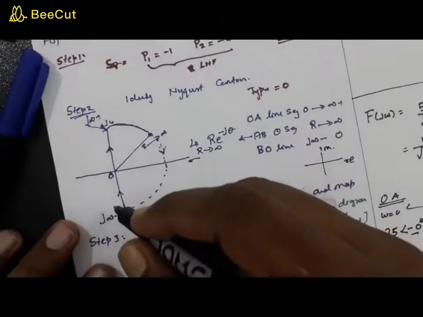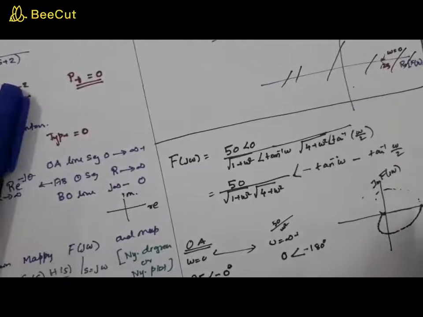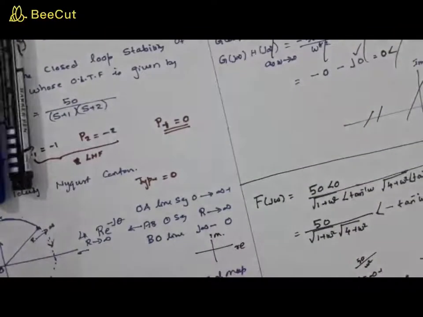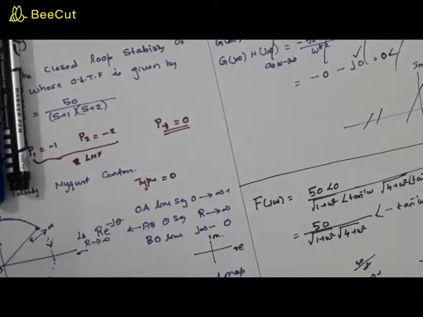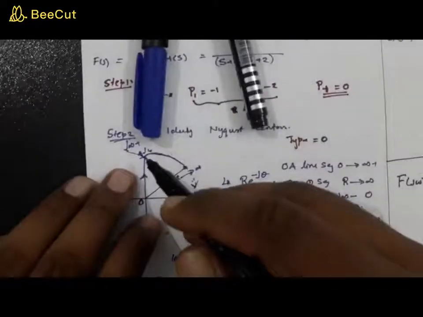Now what is the speciality of this segment, BO segment? BO is just the mirror image of OA. That means if this is omega equal to 0 point, and this corresponds to omega equal to infinity plus, then look at this, this is infinity.